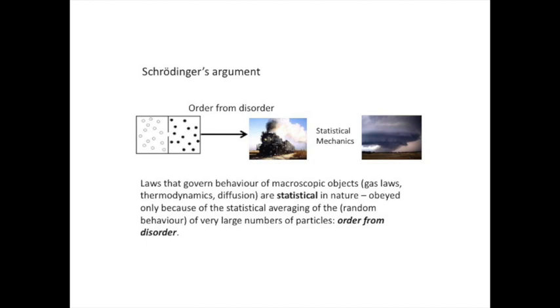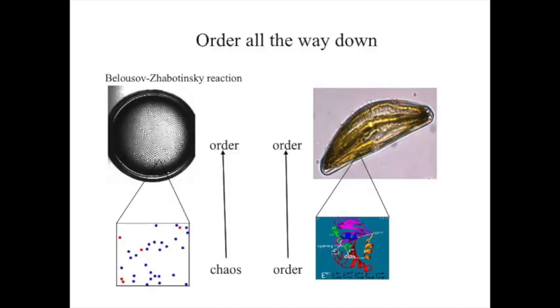And he called these laws order from disorder. So at a molecular level, there's disorder, just particles bumping around in boxes. But at a macroscopic level, you have the kind of laws that drive steam trains, like the gas laws. So he claimed that you can get order; this is a famous chemical reaction which generates these structures in a petri dish, and they're structured at the macroscopic level, but if you look at them at molecular level, it's all disorder. Order from disorder.